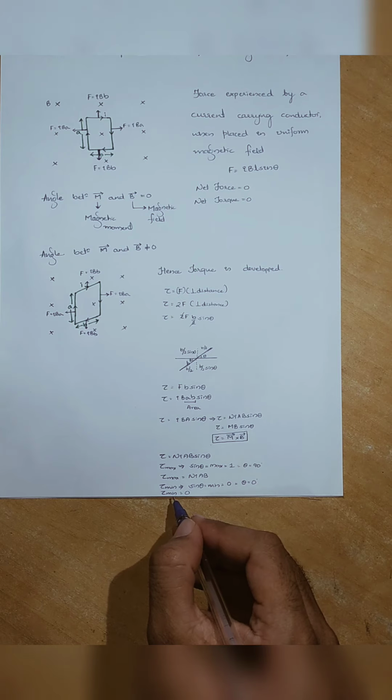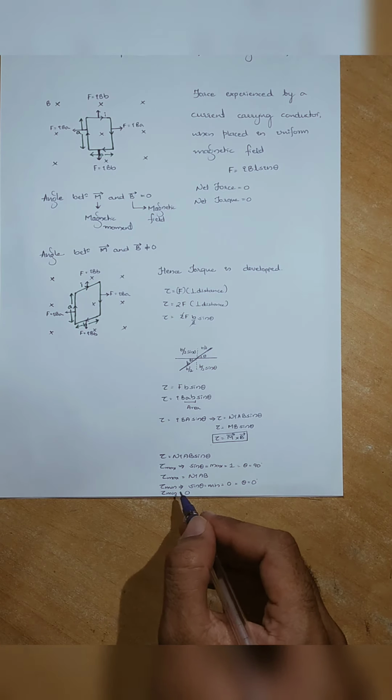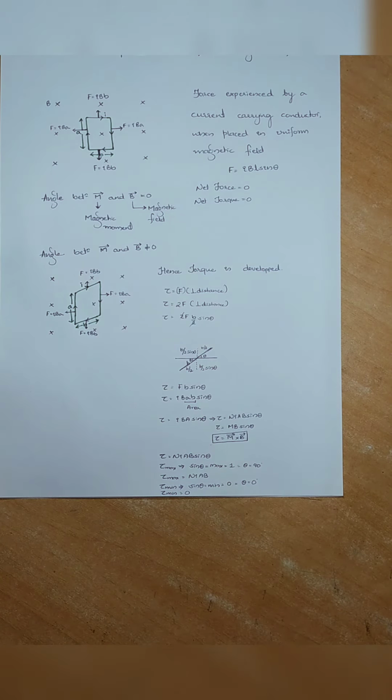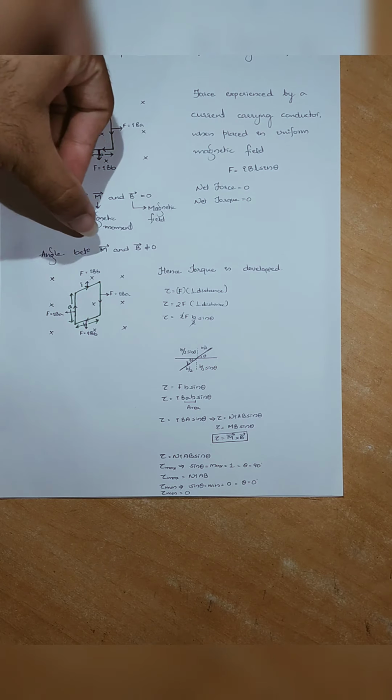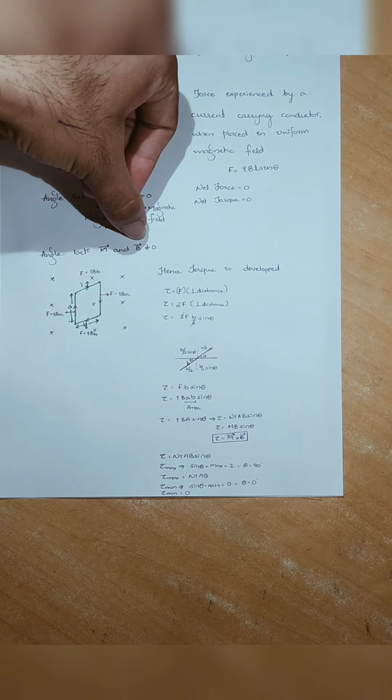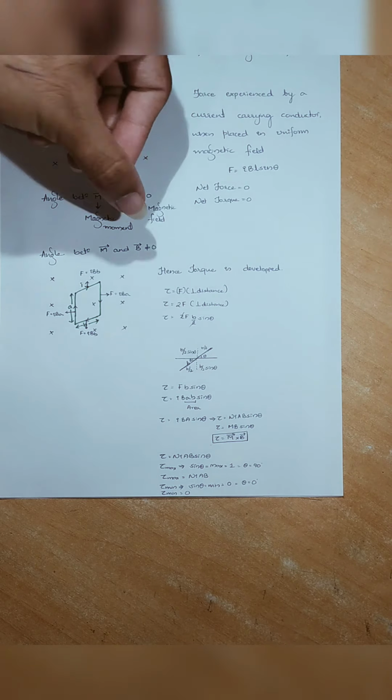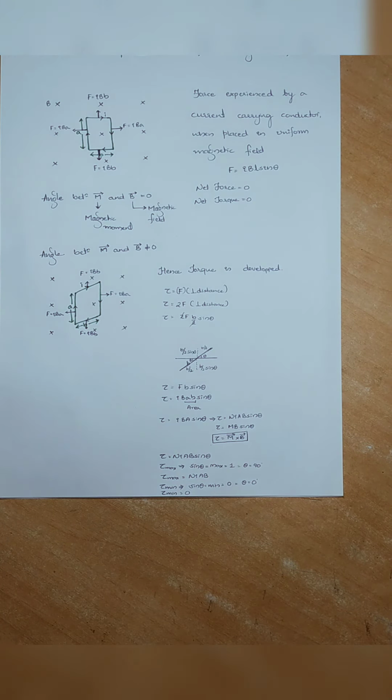For minimum torque, we are going to treat tau minimum for theta equal to 0 degree. But always remember, theta is nothing but the angle between M bar and B bar. Always the angle between M bar and B bar is theta, which is a general angle apart from 0.